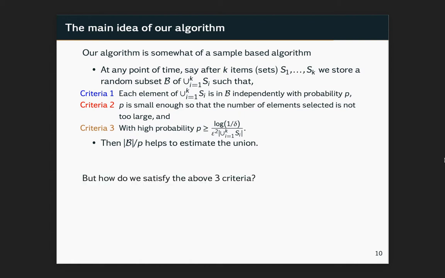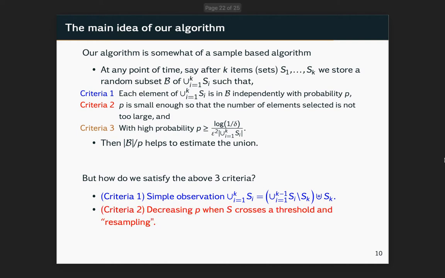For criterion number 1, we first make a very simple observation, namely the union of S1 to Sk is nothing but a disjoint union of Sk and the union of S1 to Sk minus 1, minus Sk. This very simple observation helps us design an algorithm so that criterion 1 is satisfied.